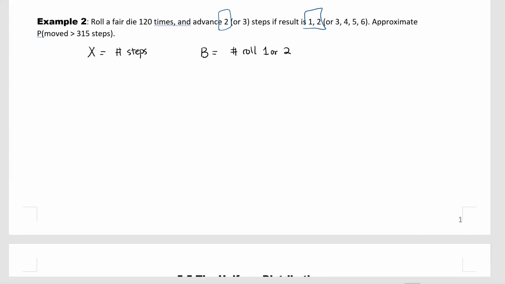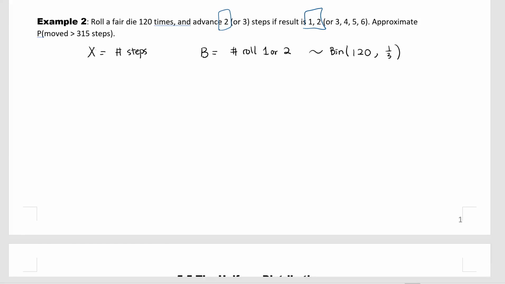So this is like a binomial distribution where the number of trials is 120, because we're rolling a die 120 times. What's the probability of rolling either 1 or 2? This is a fair die with 6 outcomes, and 1 and 2 are 2 outcomes out of 6. So the probability is 1/3.